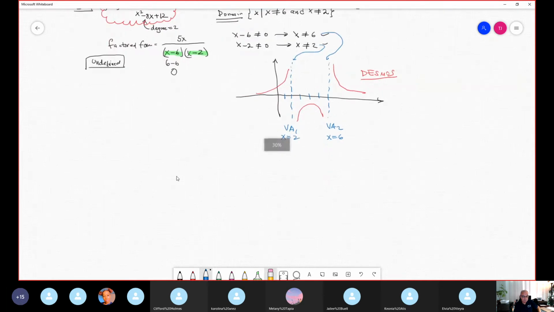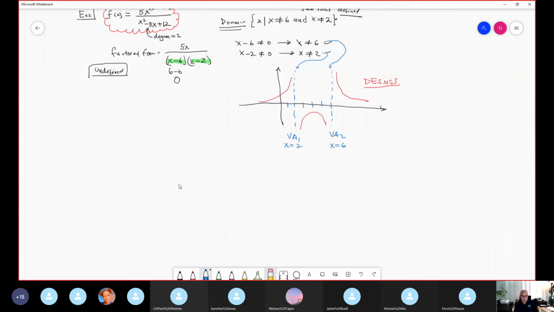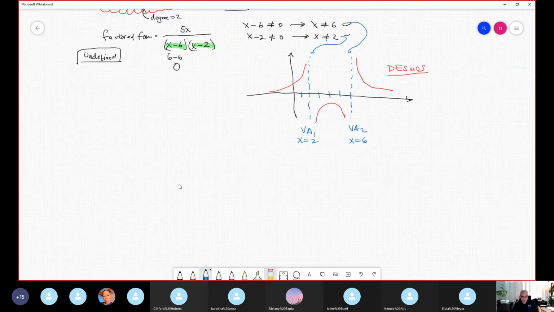Okay. I want to complicate a little bit. Another weird example, or typical, or not typical. Example 3. Suppose the function, I want to call g, is equal to x plus 3 divided by x squared plus 4.